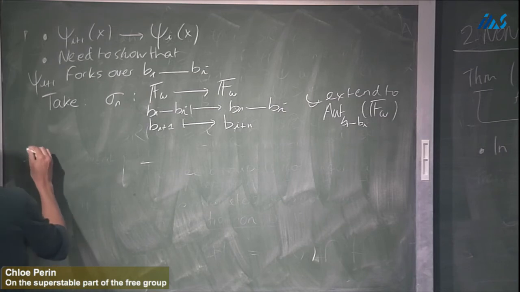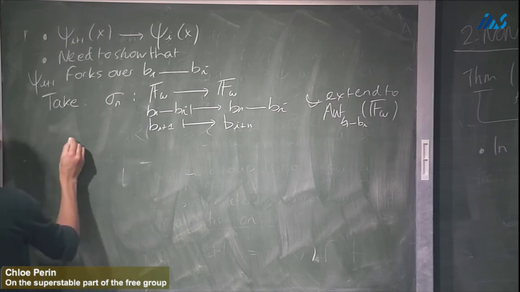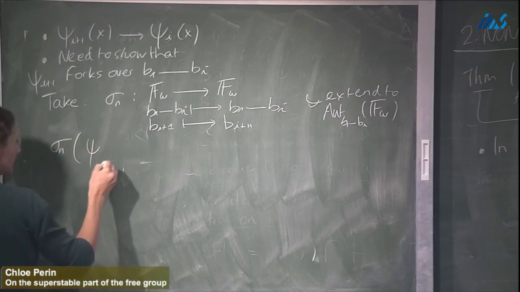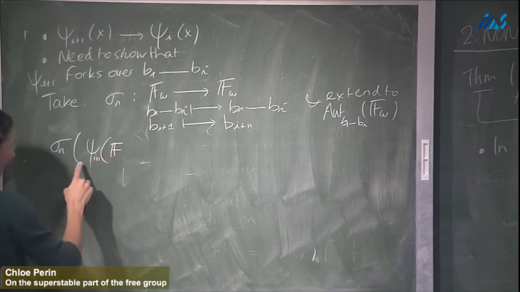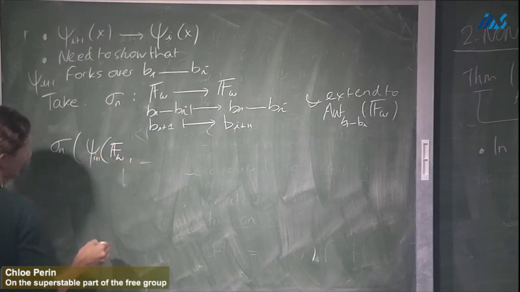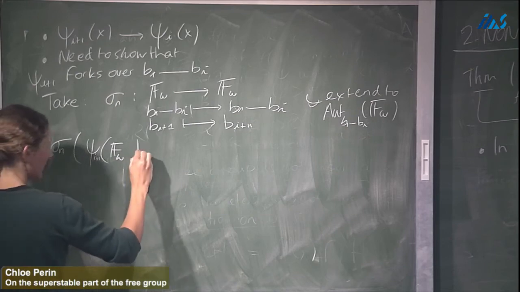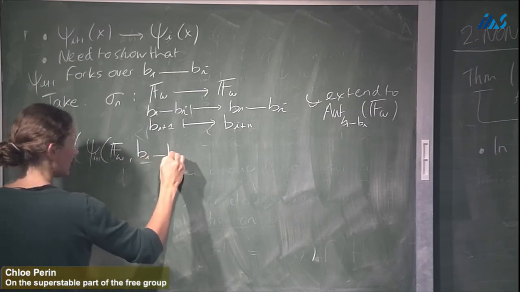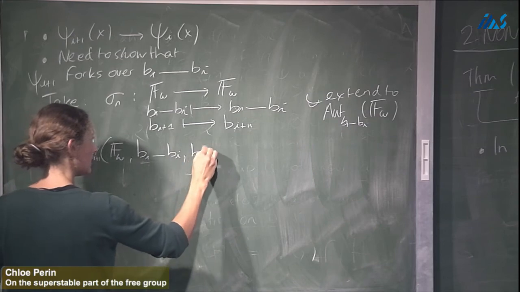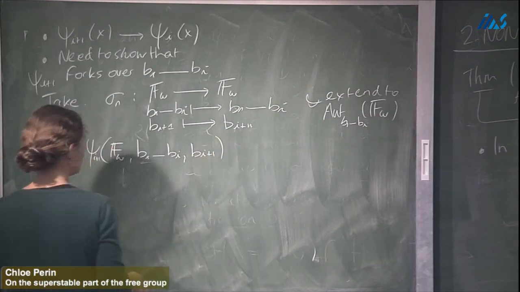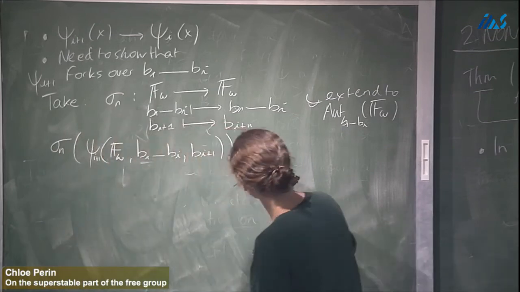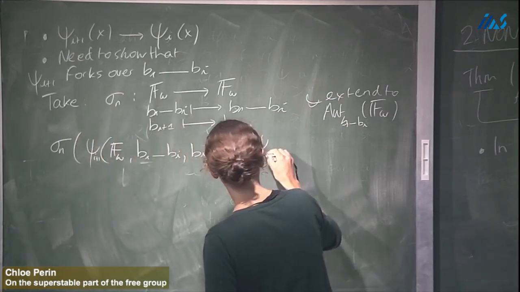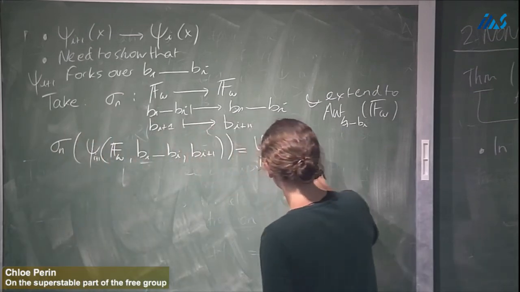Okay, so now suppose, so what is sigma n of, let's say, psi I plus 1? I want to look at the translates of this set. Okay, so this is defined by these parameters. Okay, and so it's just the same set. Okay, here I'm just doing a manipulation of symbols.